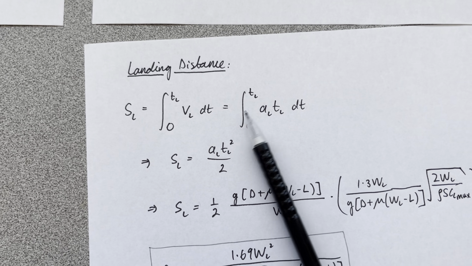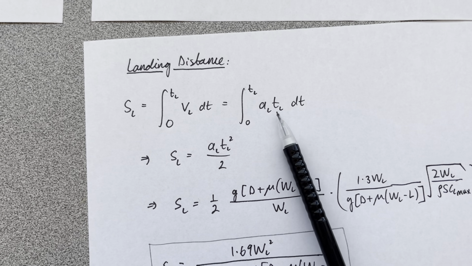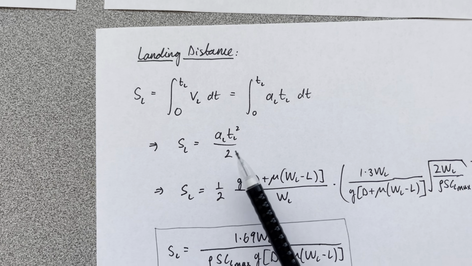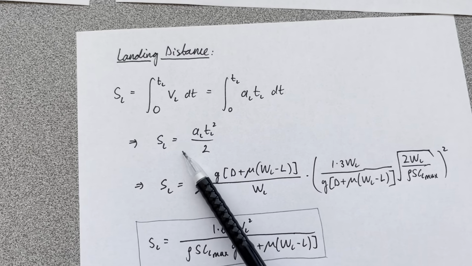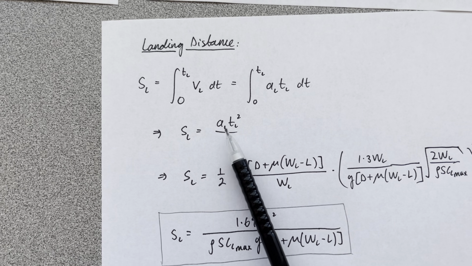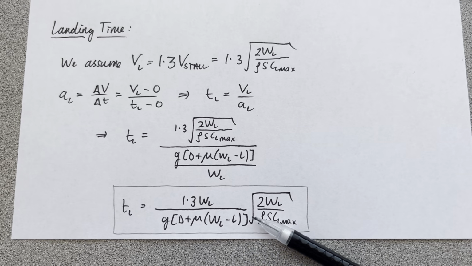A is just a constant, we can pull that out, so we'll just be left with the integral of t with respect to t, which will just give us t squared over 2. So then all that we need to do from this point to calculate the landing distance is just plug in our expressions for A sub L and T sub L that we calculated back over here. Here's A sub L, here's T sub L.